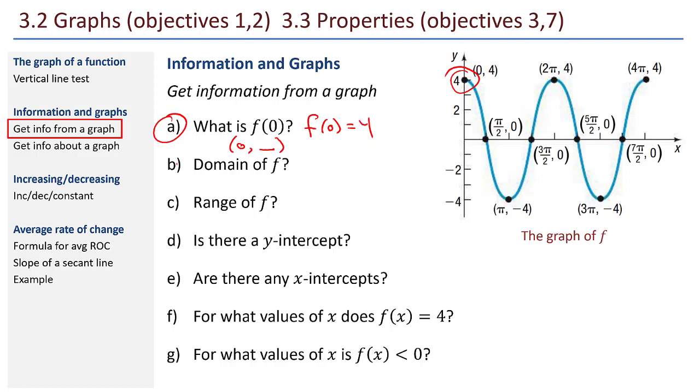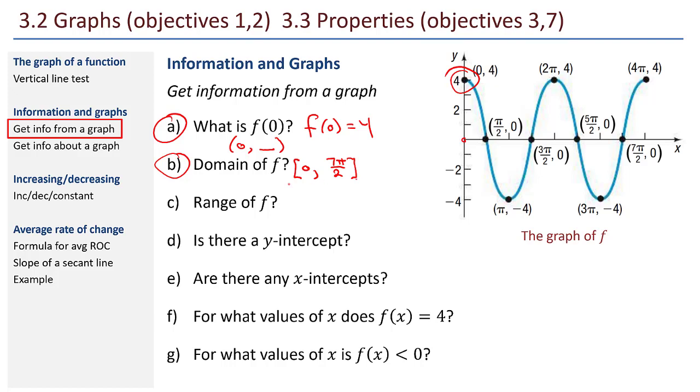How about the domain of f? So those are all the x values where the function is graphed somewhere, and it looks like it starts at 0, and those x values go all the way up through maybe 7 pi over 2. So the domain is going to be 0 all the way up through 7 pi over 2.